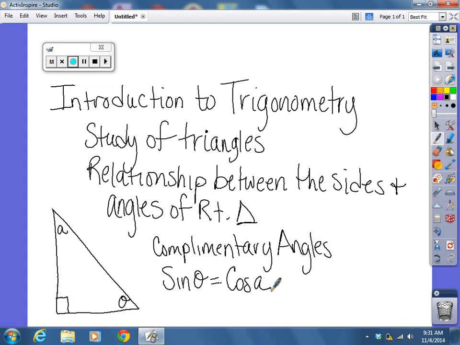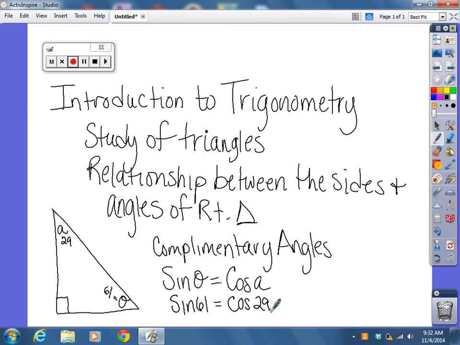If I give theta a number, say 60, I don't want you to think I'm talking about 30, 60, 90, so let me change that to 61. If this angle is 61, then this angle up here is 29. So complementary angles would be that sine of 61 is equal to cosine of 29.